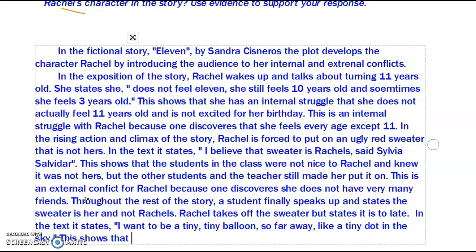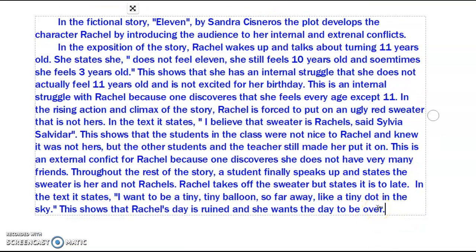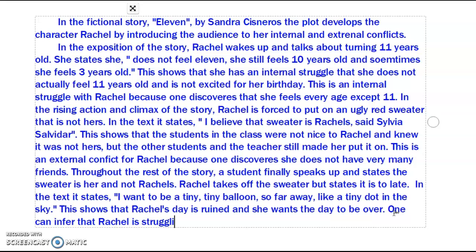This shows that Rachel's birthday is ruined and she wants the day to be over. We can, or one can infer that Rachel is struggling internally because most people are excited for their birthday.